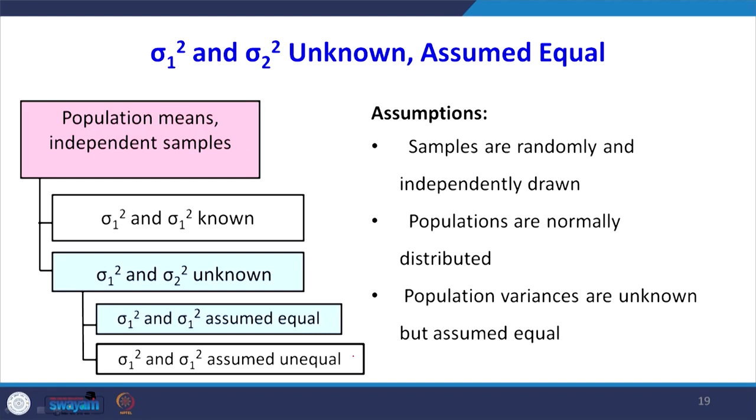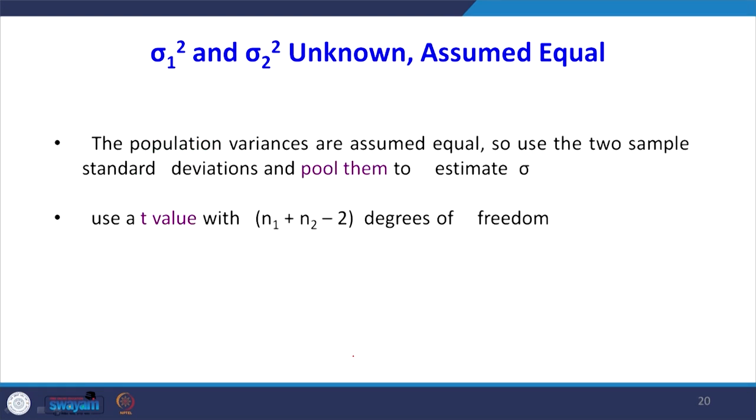Samples are randomly and independently drawn, populations are normally distributed, population variances are unknown but assumed to be equal. So, use the two sample standard deviations and pool them to estimate the variance or standard deviation. Use a t value with n1 plus n2 minus 2 degrees of freedom.